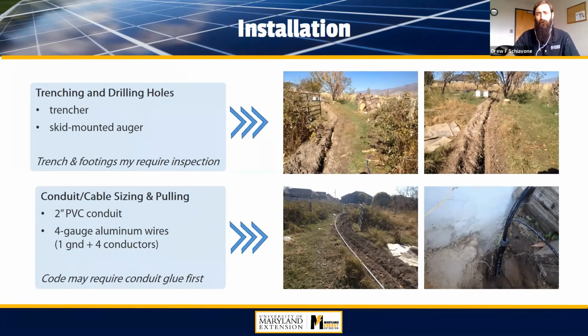And in this case, each section of the conduit had to be glued before the cable was pulled through. So it added a little bit more complication there, that you couldn't feed one PVC pipe on at a time, but there are some restrictions like that sometimes. So as you see, even if you're a certified electrician, there'd be a lot of local issues that you might have to deal with as they arise to ensure that everything's up to code.